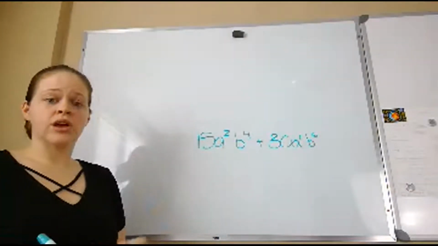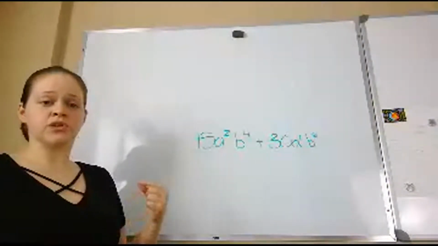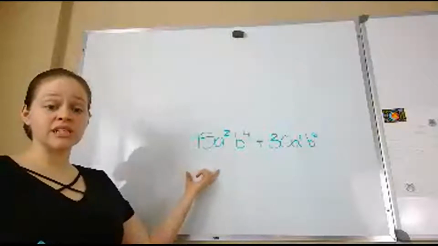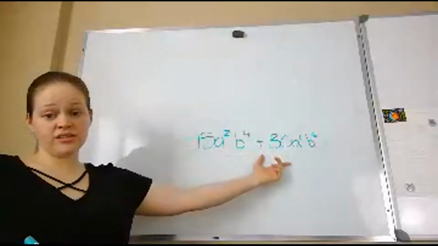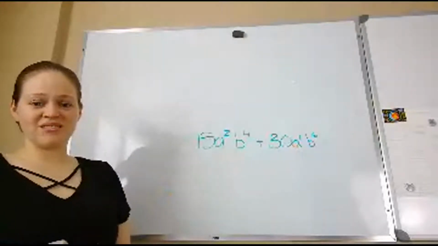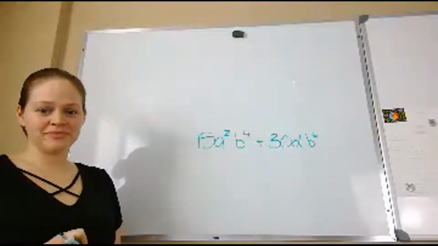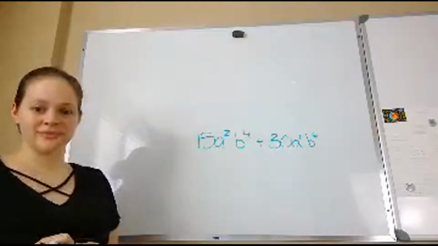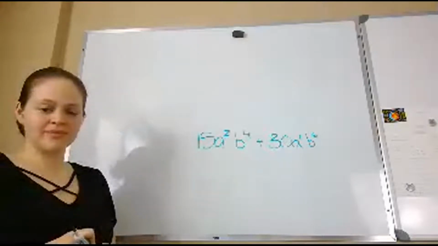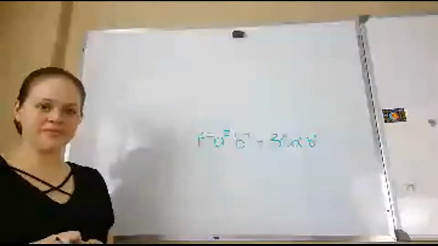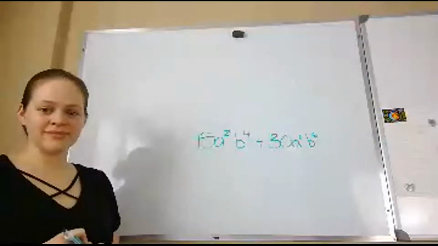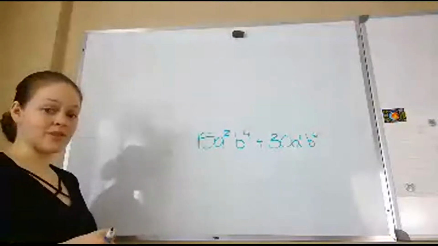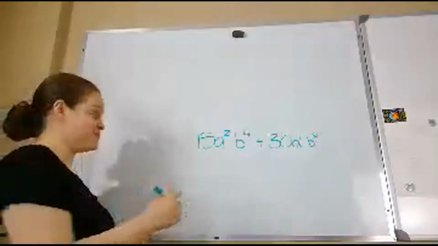To get the GCF, which is the greatest common factor, you have to think about what is the highest number that can divide into both 15 and 30. So what is it? It should be 15.